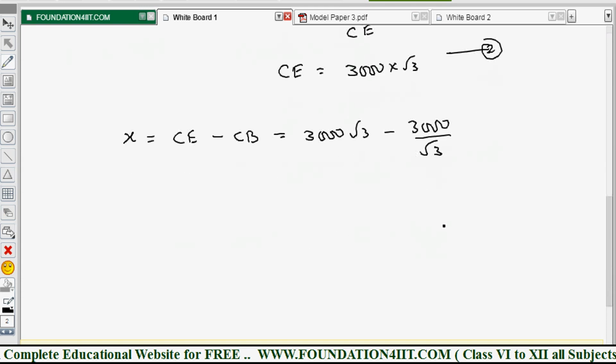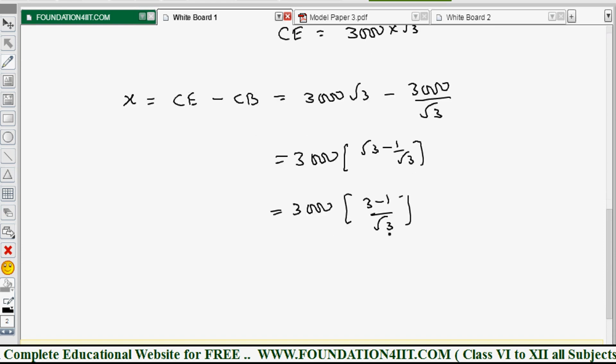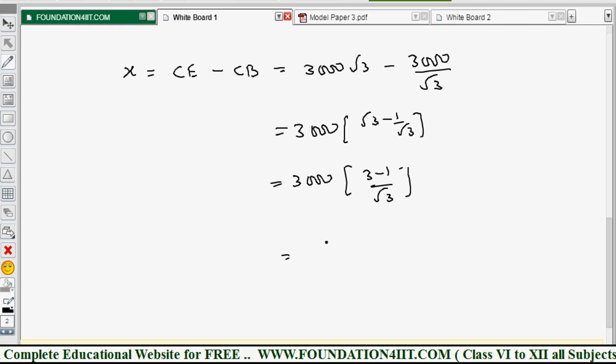By taking 3000 common to make the calculation simple, root 3 minus 1 by root 3. Do LCM, root 3 root 3 is 3, so 3 minus 1 by root 3. Then 3 minus 1 is 2. Just calculate simple, 3000 into 2 by root 3 value. So this is up to here, and we can take by cancellation if you want.